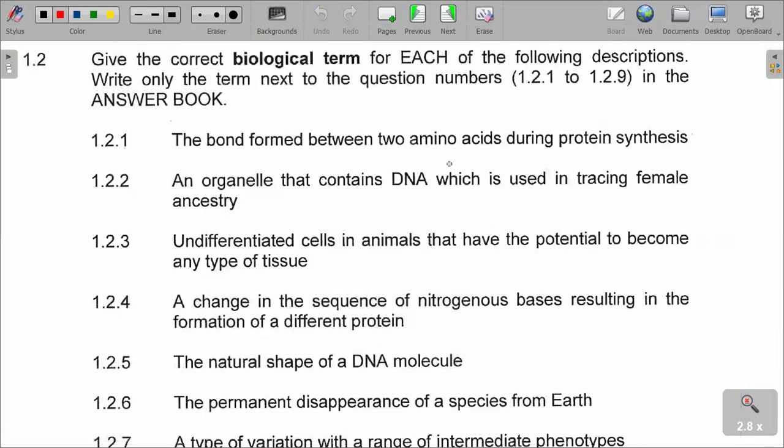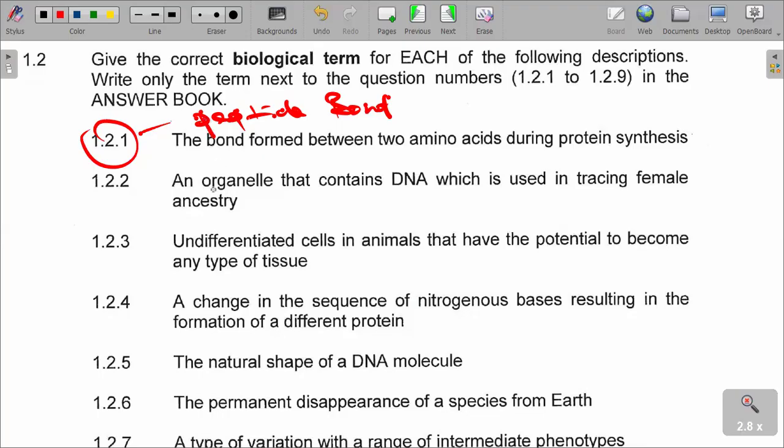And then we want to go to terminologies and what we call biological terms. The bond formed between two amino acids during protein synthesis, which we say is the peptide bond. It is a peptide bond.